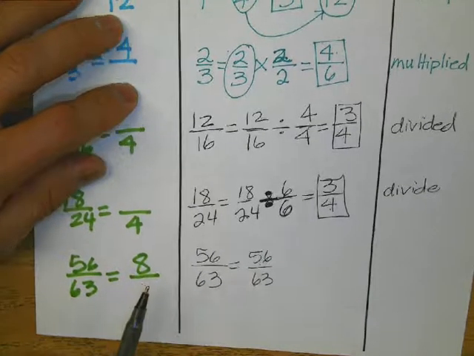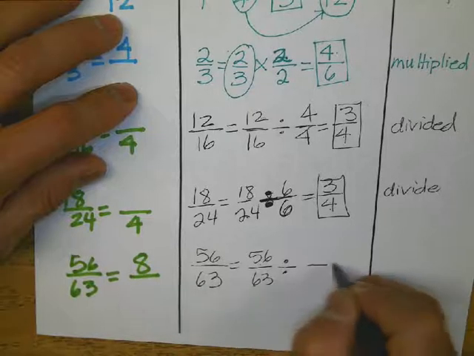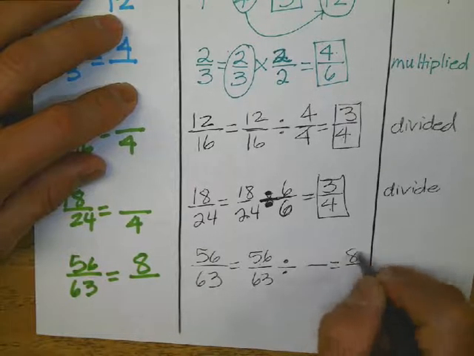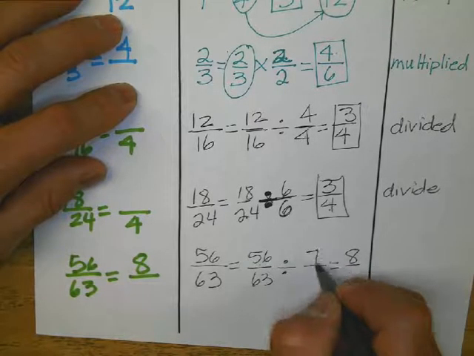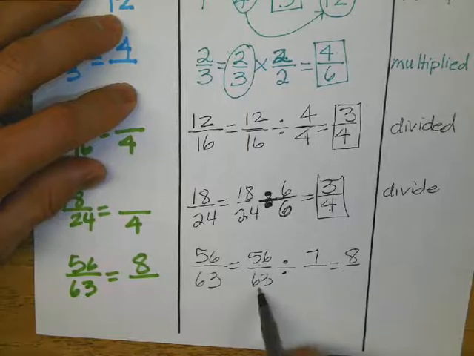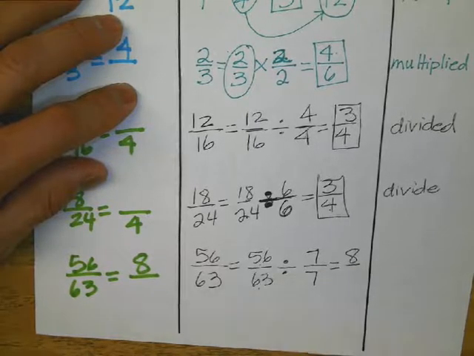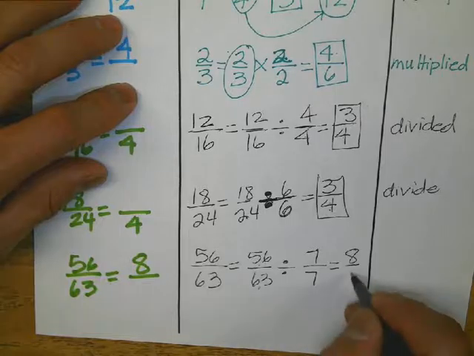So we're going to divide this by a number that will yield 8 on the numerator. And I know that 8 times 7 equals 56. And we divide the denominator by the same number. And the answer is 63 divided by 7 equals 9.